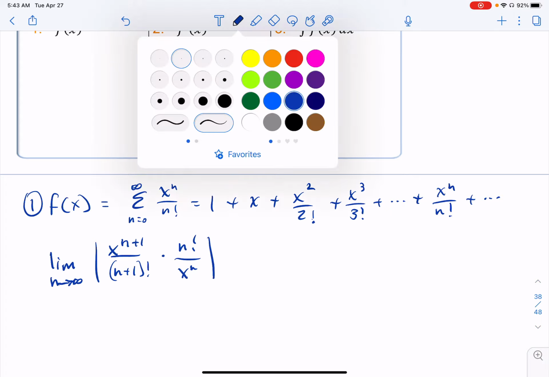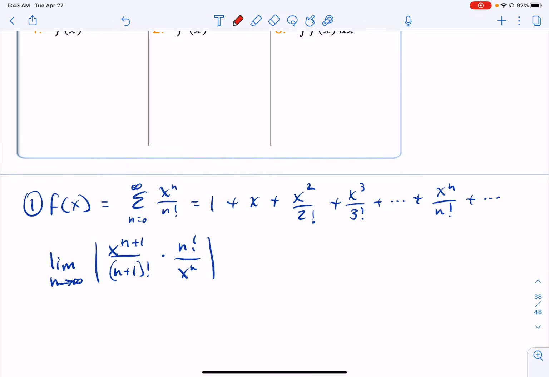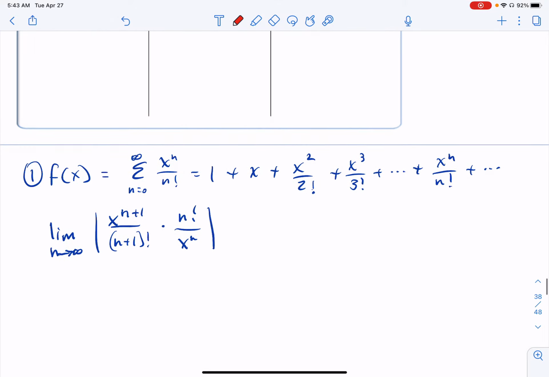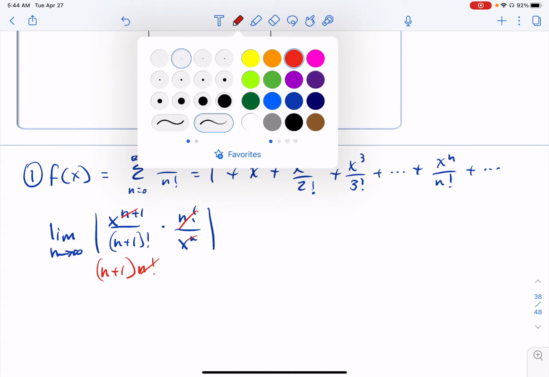Remember that n plus 1 factorial can be rewritten as n plus 1 times n factorial, which will cancel out here. And as far as the x's go, you can subtract your exponents: n plus 1 minus n. The n's will cancel, and you're just going to be left with x to the first power on the top.